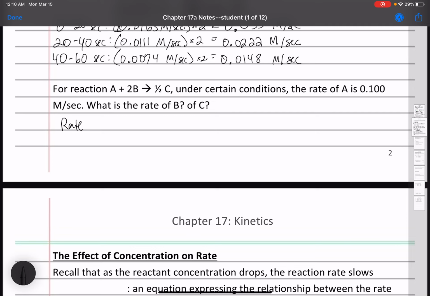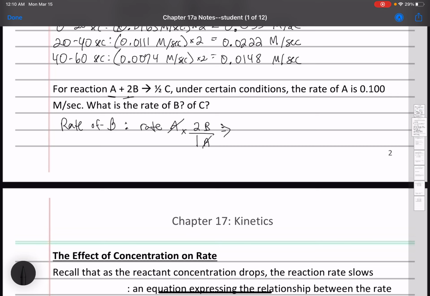So using the stoichiometry, all right, for every 1 A, we use 2 B. So the rate of B is going to be twice the rate of A. Or we could also think of this as multiplying it by the mole ratio. So for the rate of A, there's 2 moles of B for every 1 mole of A. All right, so the rate of B is going to be twice the rate of A.